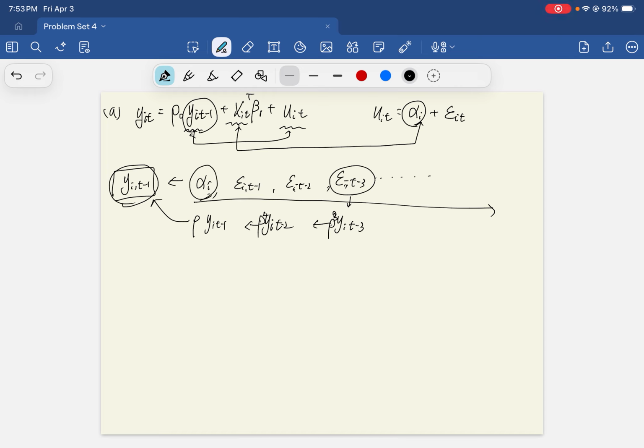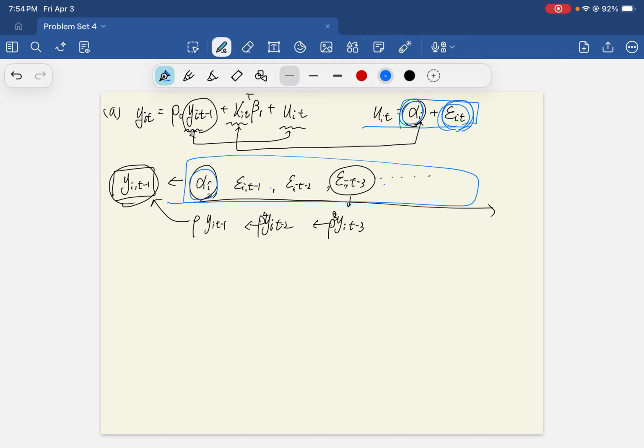That means if you think about all these and the contemporaneous random shock, epsilon_t is uncorrelated with everything here. We assumed epsilon is uncorrelated with alpha and with all the past values. So epsilon is okay.